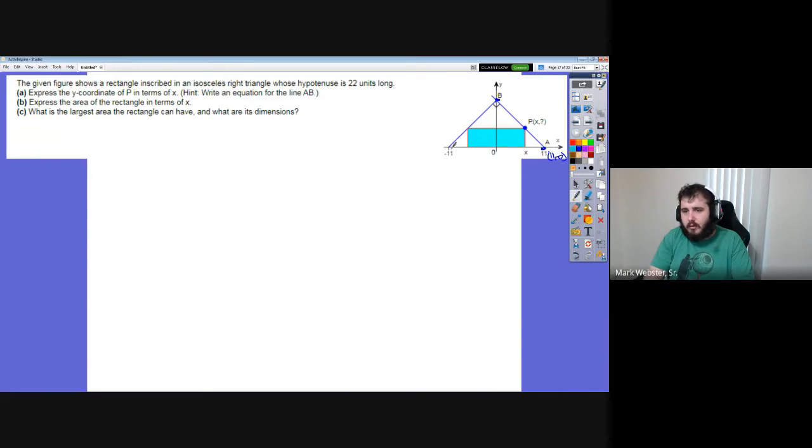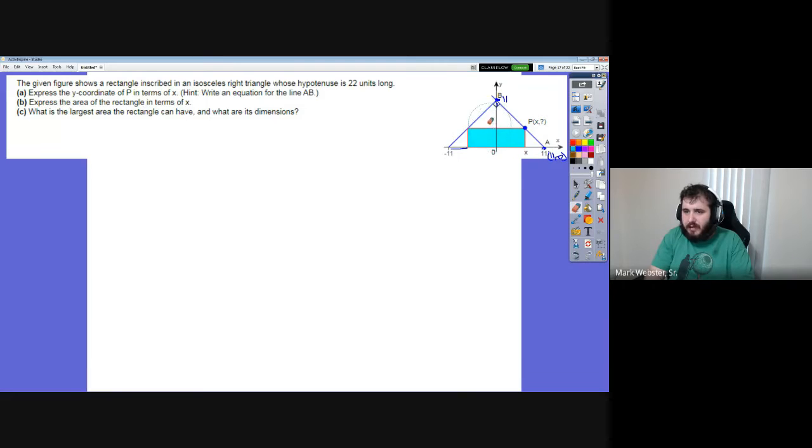But if you've got an isosceles right triangle, that's a 45, 45, 90 triangle, this piece is also the same as this piece because it's another 45, 45, 90. So up here, this is also 11. That's a really long way of saying, hey, this thing's 11. It's the same as this. You can take that to the bank.